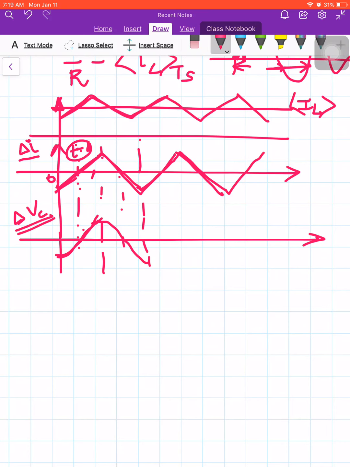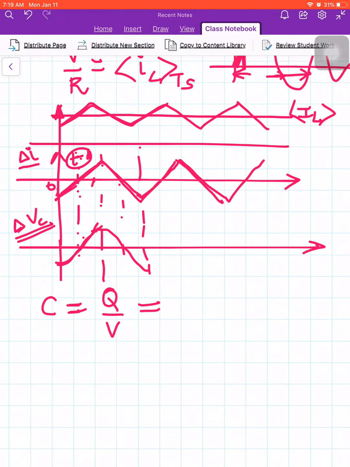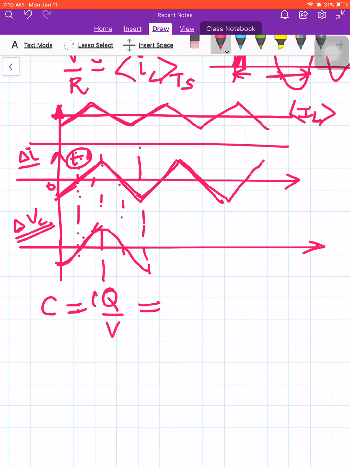Now we can write capacitance is equal to Q by V, which we can write as delta Q by delta V, right?